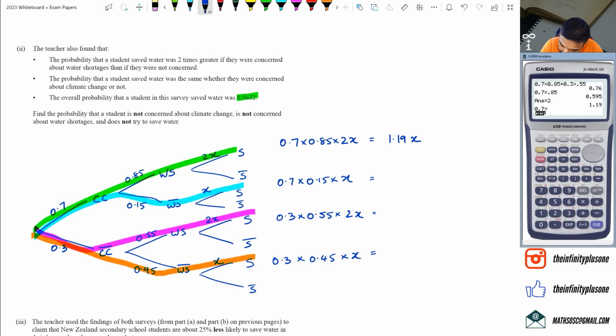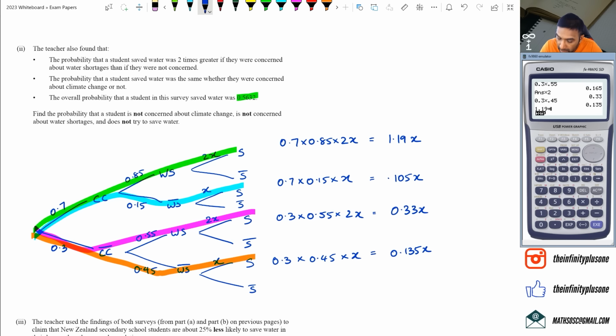Then we've got 0.7 times 0.15, which is 0.105x. 0.3 times 0.55, times it by 2, 0.33x, and then 0.3 times 0.45, which is 0.135x.